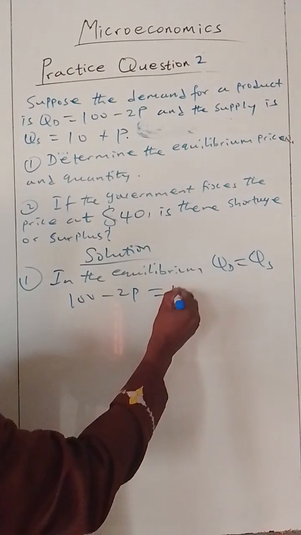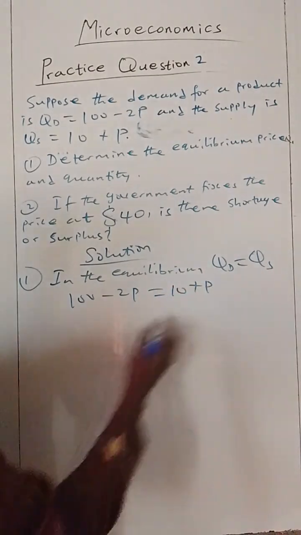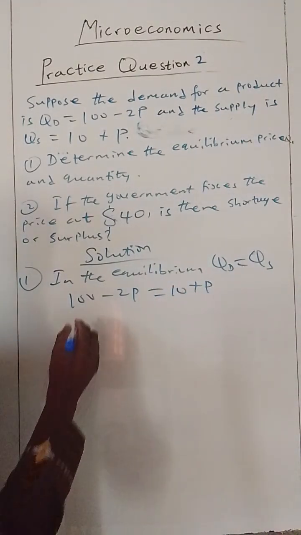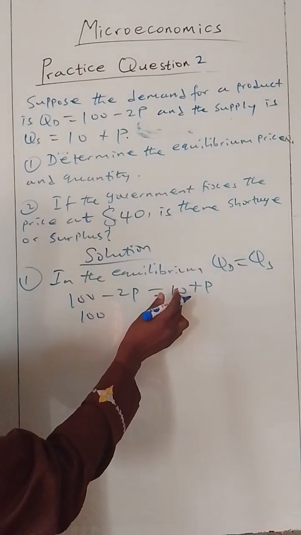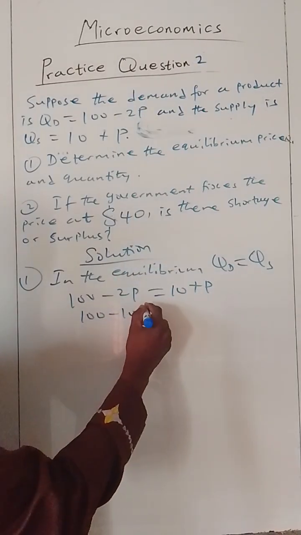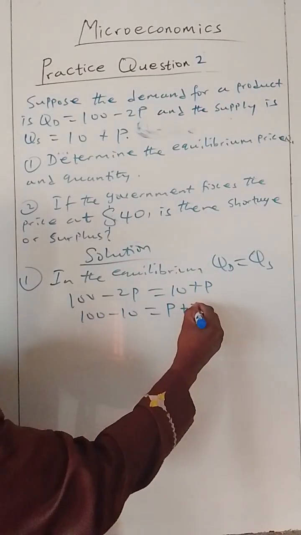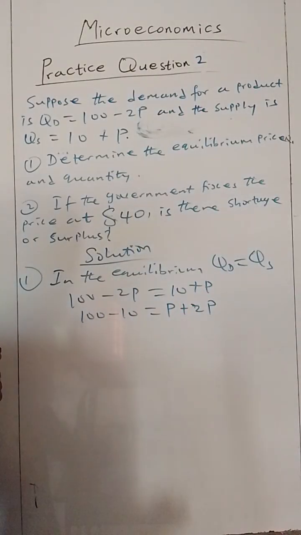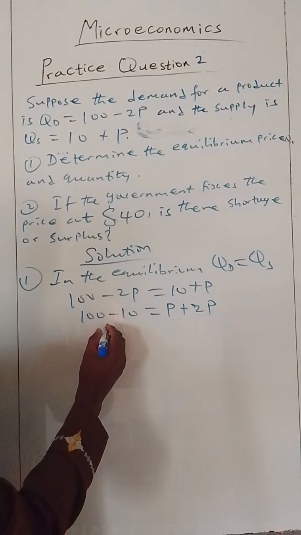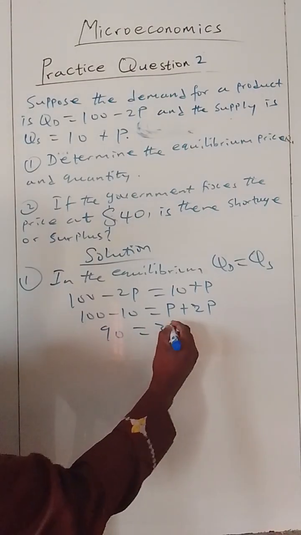Our QS is 10 plus P. Then you collect the like terms. Then you have 100, you bring this to this side, you have minus 10. Then equals, you have P. You take this to this side, you have plus 2P. Then this one becomes 90 equals 3P.